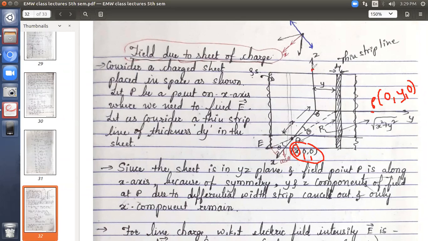And similarly, if it were on the z axis, you would take 0, 0 and z. Okay, this is about the figure, and rho S is the surface charge density of the complete sheet. Now I have explained the figure. You can see here these two angles are the same. What kind of angles do you call these?